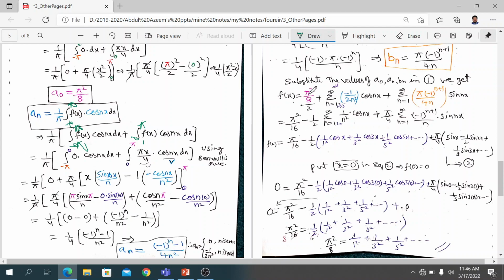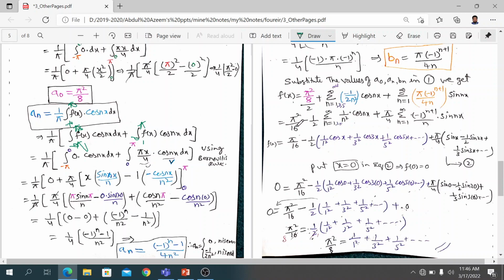Now pi square as it is, 8 to the 16. This minus 1 by 2, constant taken outside, minus 1 by 2 sigma n equals 1, 3, 5 to infinity 1 by n square cos nx, plus pi by 4 sigma n equals 1 to infinity minus 1 power of n plus 1 by n into sin nx.